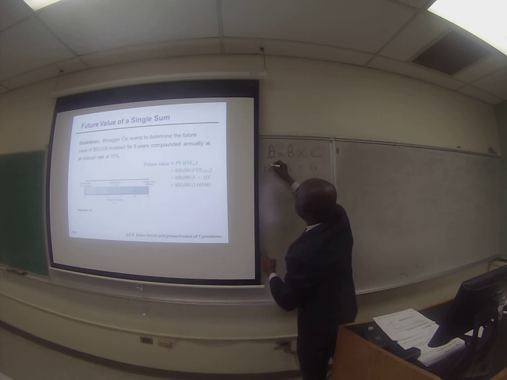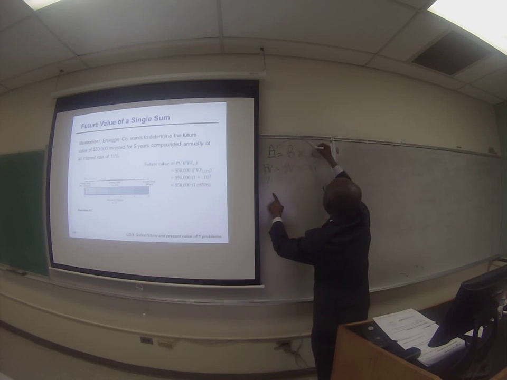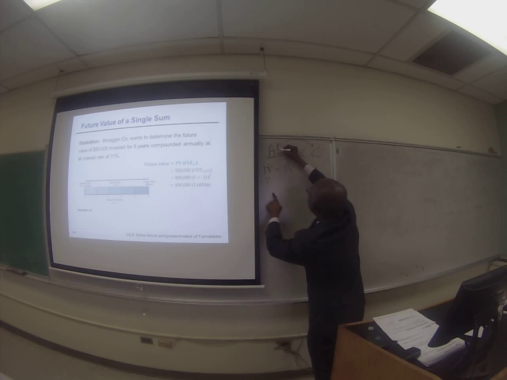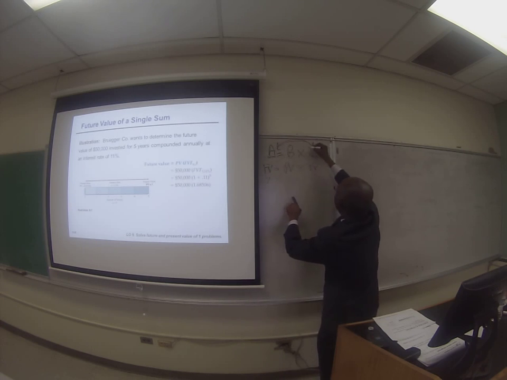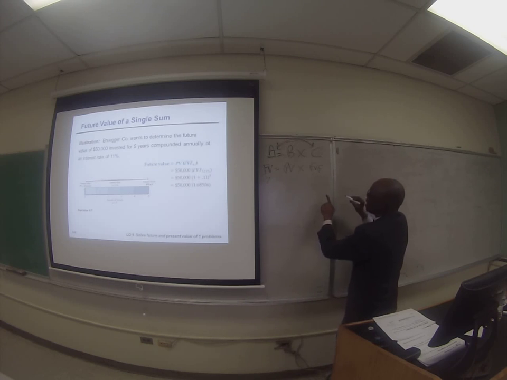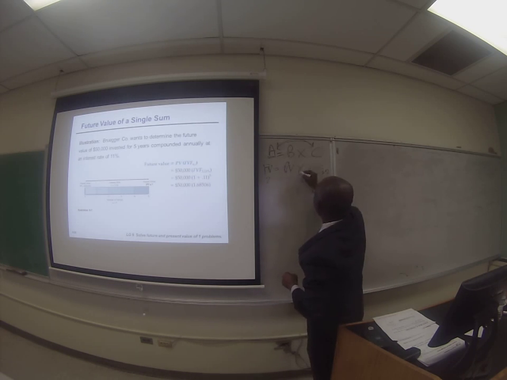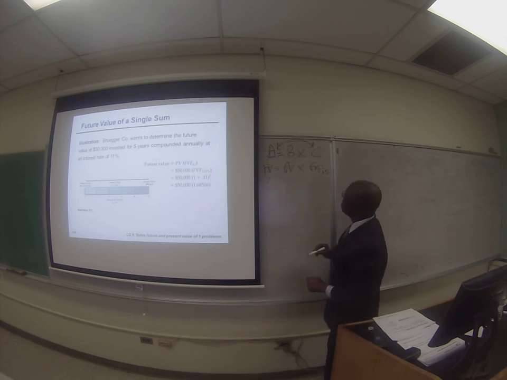In this case, A is future value, that is the unknown. C must be the future value interest factor of A. So in this case, future value interest factor given a particular interest rate and a period. So here you have it for the ABC formula.